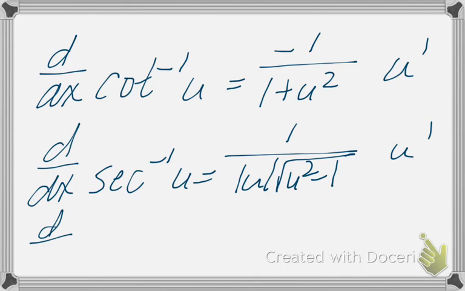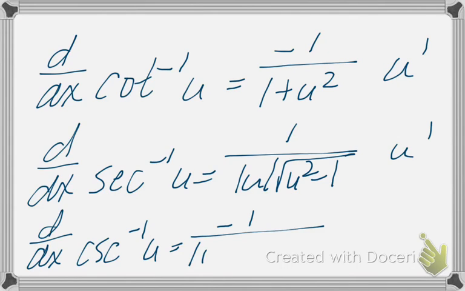And finally, the derivative of cosecant is negative 1 over absolute value of u, radical u squared minus 1, times the derivative of u, which looks just like the secant inverse, except that it has a negative in the numerator. This is really way too much for you to memorize, and I would say definitely know the tan inverse one, and if you could do sine and cosine, but I mean, this is what they all are.